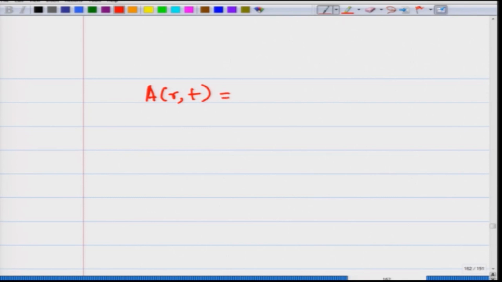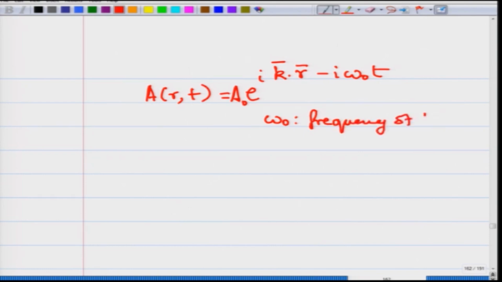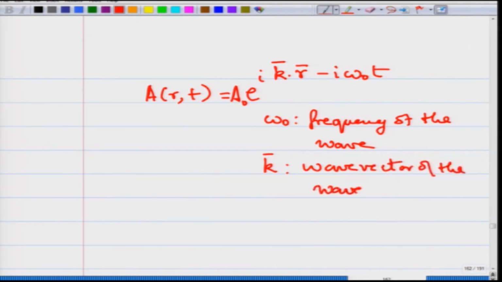If it is a plane wave, it will be A naught, the amplitude of the electric field vector, e raised to i k dot r bar minus i omega naught t, where omega naught is the frequency of the wave and k is the wave vector of the wave.